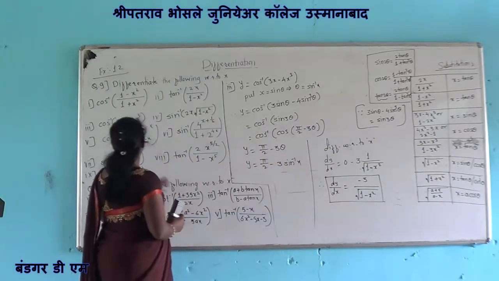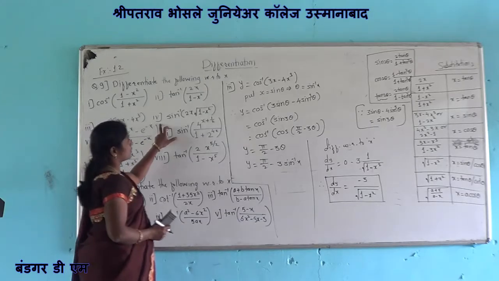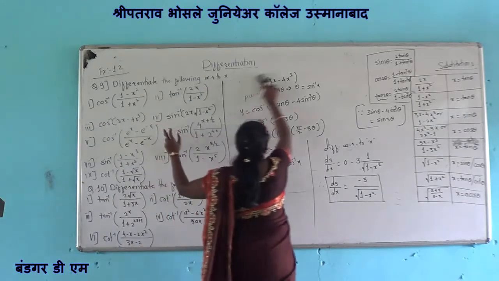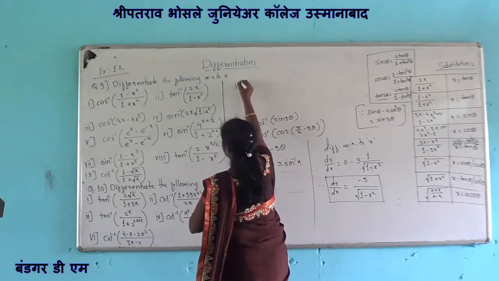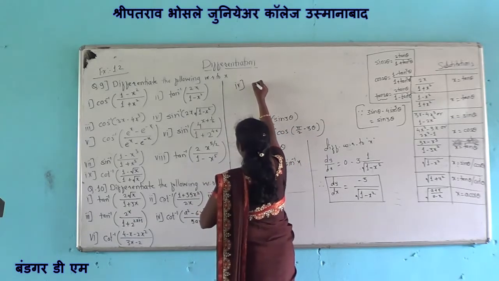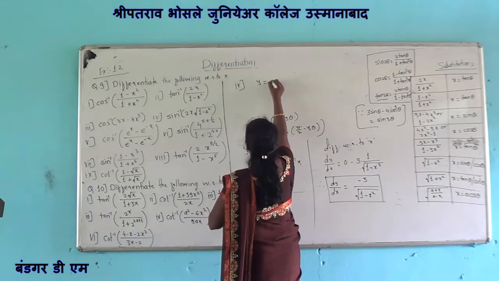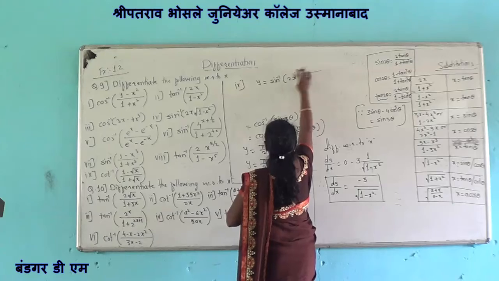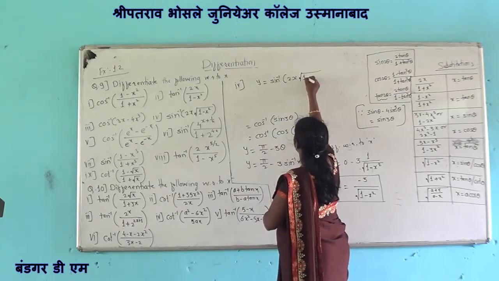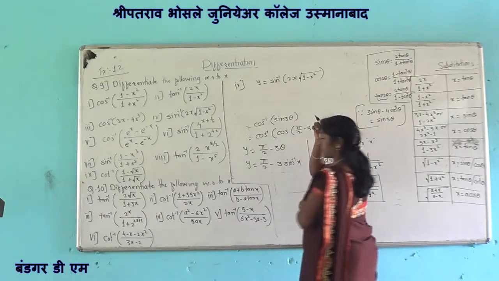Now we are going to solve the fourth example. The fourth example is y is equal to sin inverse of 2x into under root of 1 minus x square.